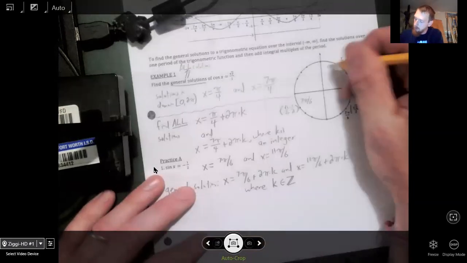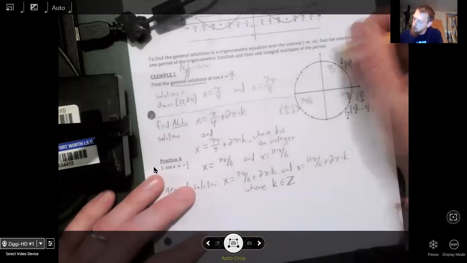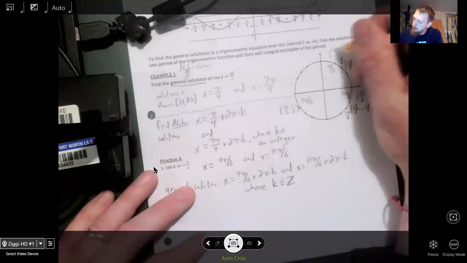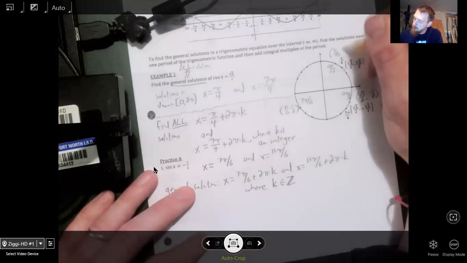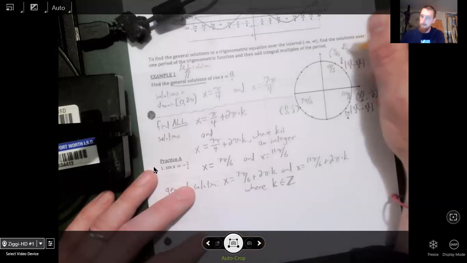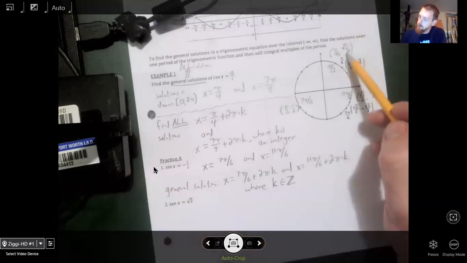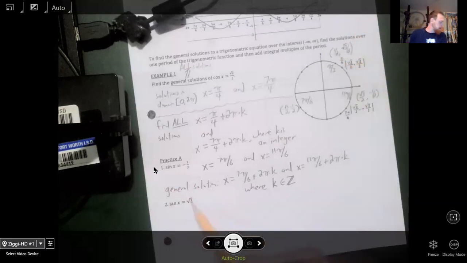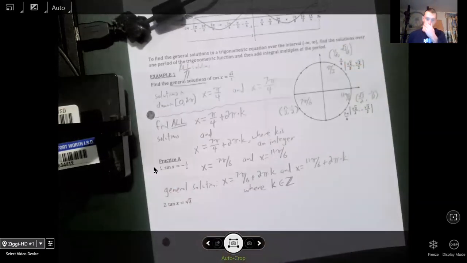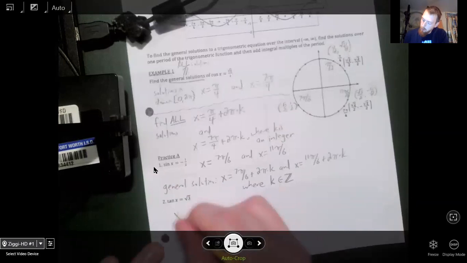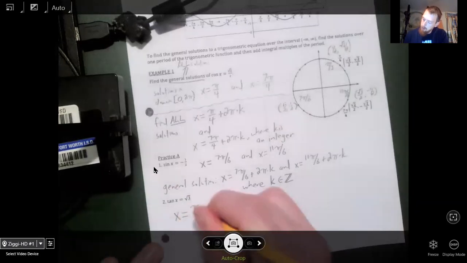Here at pi over 3, cosine is 1/2. Sine is the square root of 3 over 2. So if you take the square root of 3 over 2 and divide it by 1/2, those 2's in the denominator cancel, you get the square root of 3. Okay? So x is going to equal pi over 3.